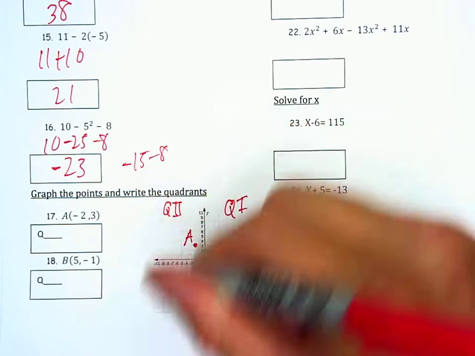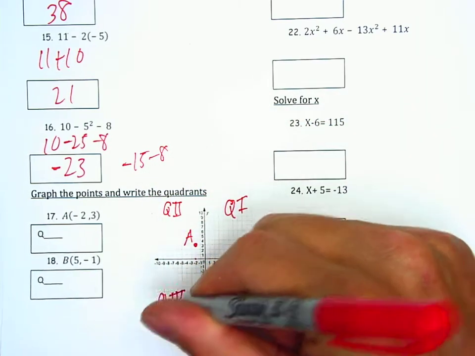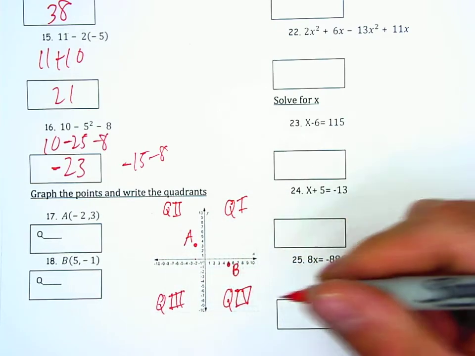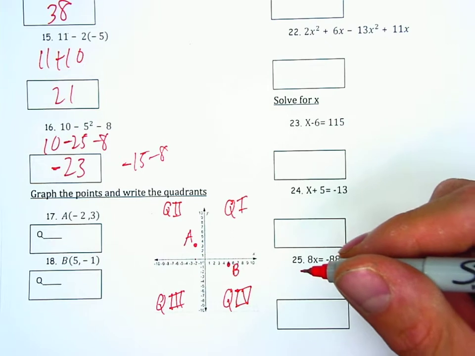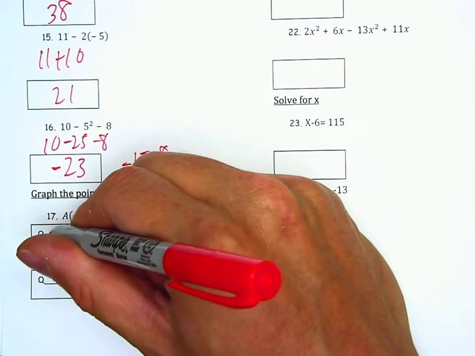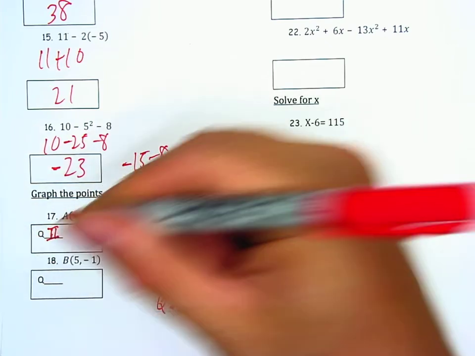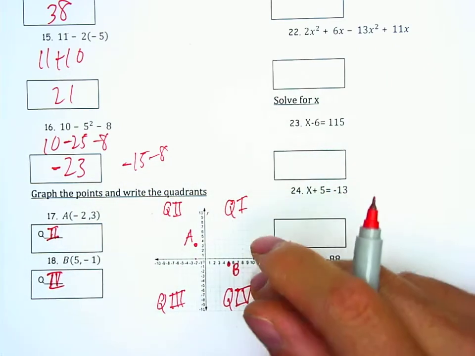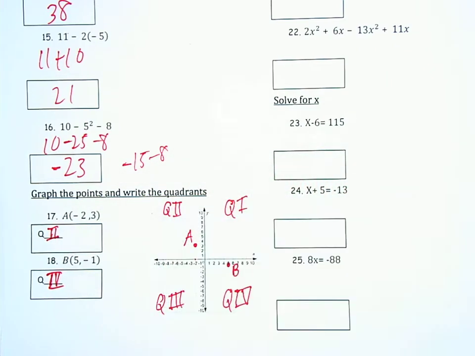Quadrant 1, 2, 3, and 4. If you would prefer to use numbers, you can use numbers for the quadrants. I use the Roman numerals. So this is quadrant 2. This is quadrant 4. The bottom right and the top left quadrants are what I've used here.